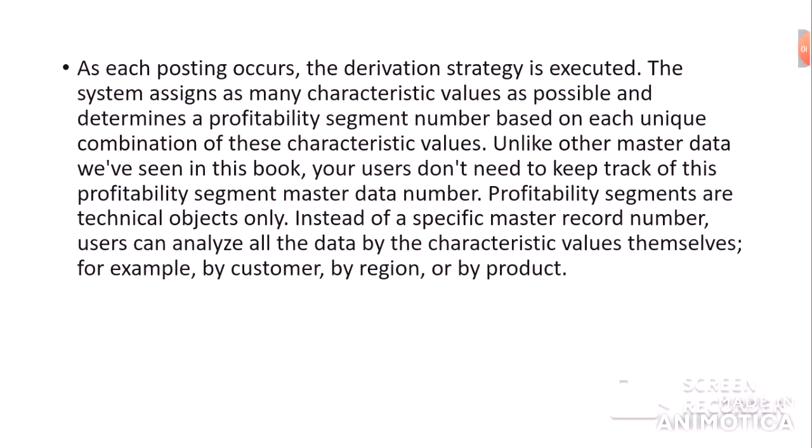Unlike other master data we have seen in this book, your users don't need to keep track of this profitability segment master data number. Profitability segments are technical objects only. Instead of a specific master record number, users can analyze all the data by characteristic values themselves. For example, by customer, by region, or by product.